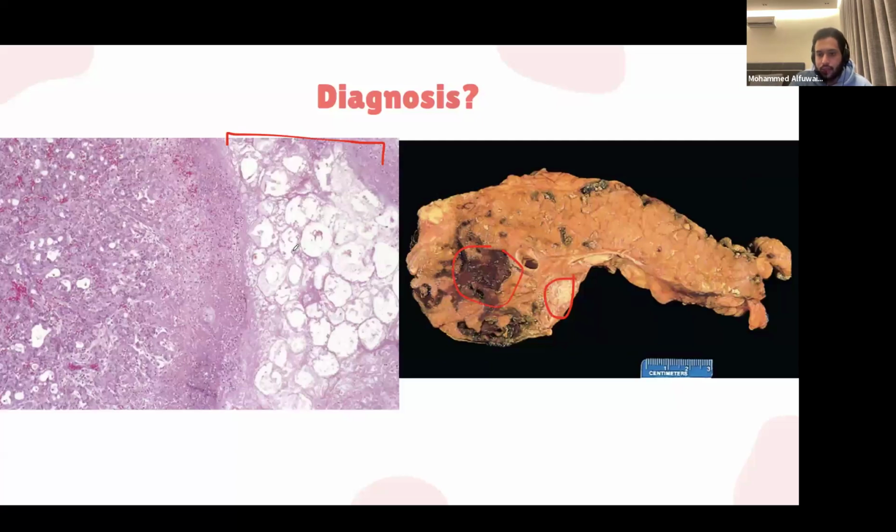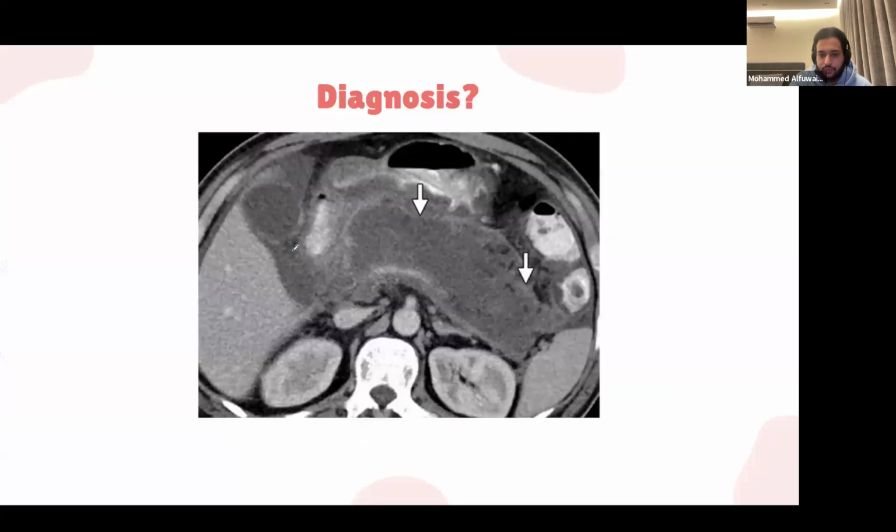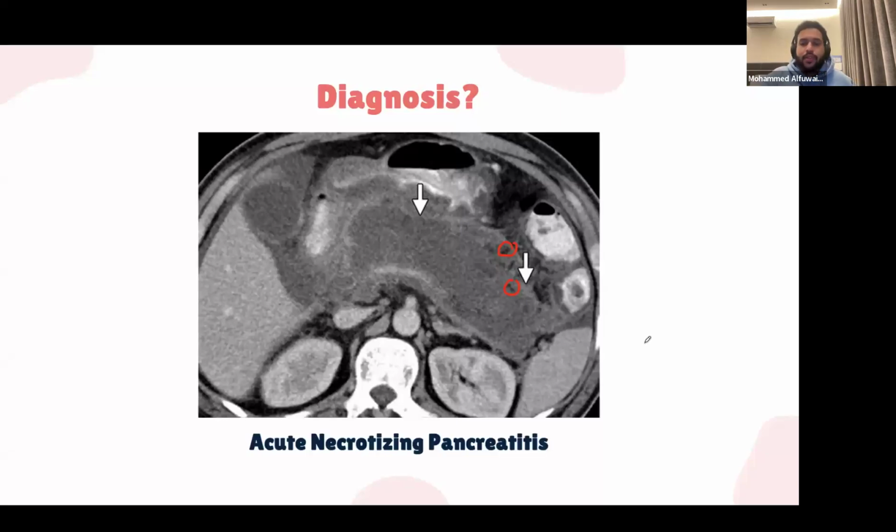It's acute pancreatitis, okay? How about this patient? Same patient, acute pancreatitis. However, you have air that's present around the pancreas. This is necrotizing pancreatitis. It's more severe, okay? That's basically that.